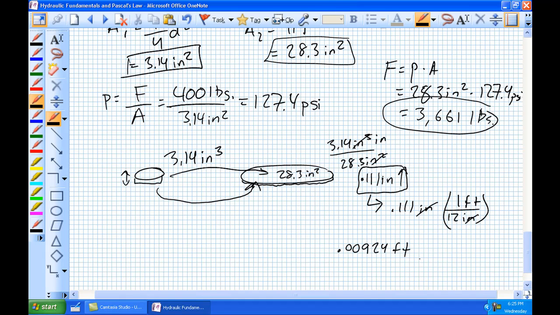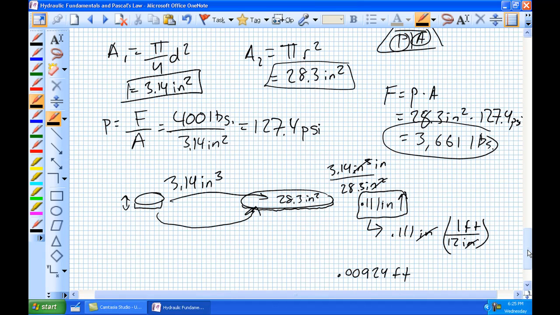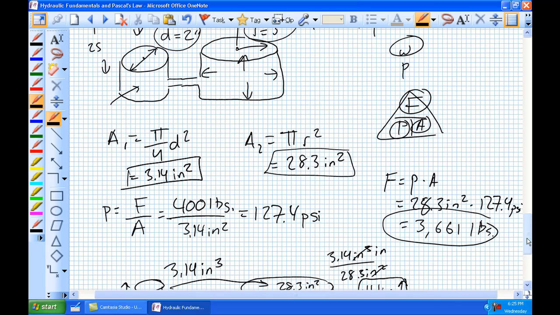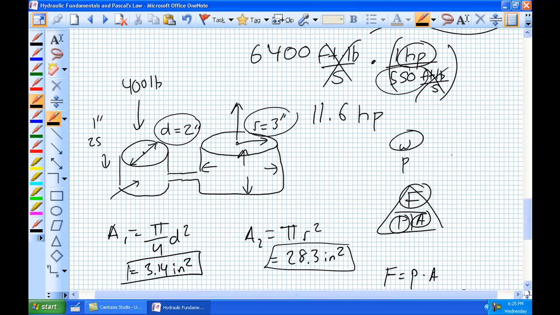So now how many foot-pounds of work have we accomplished? 0.00924 feet times 3,661 pounds. The correct answer, 33.85 foot-pounds.